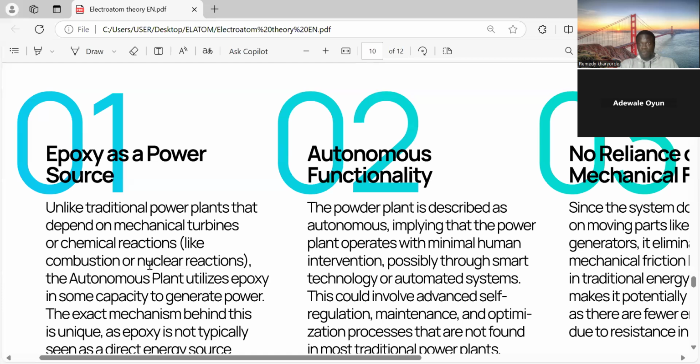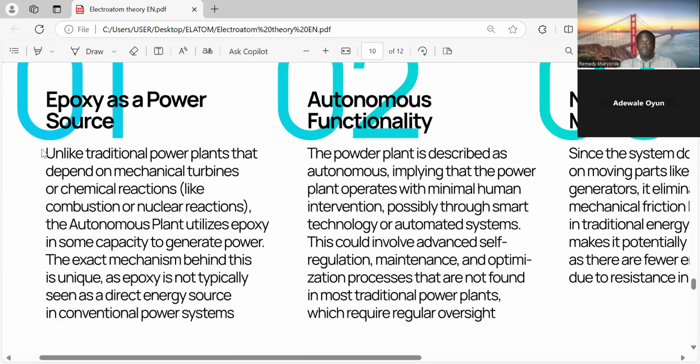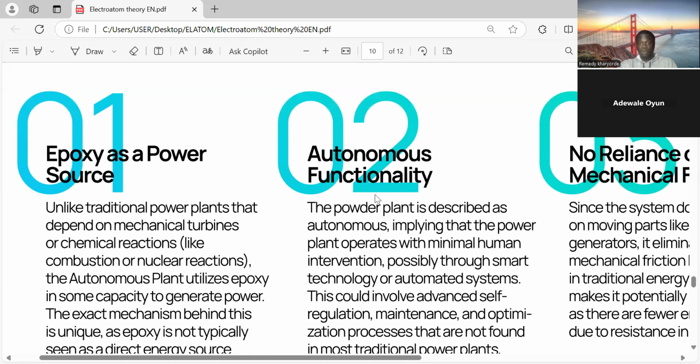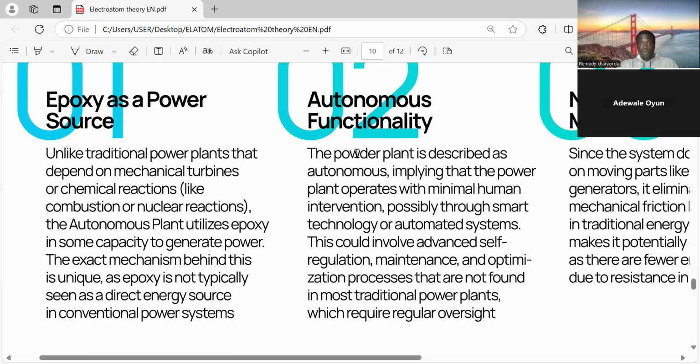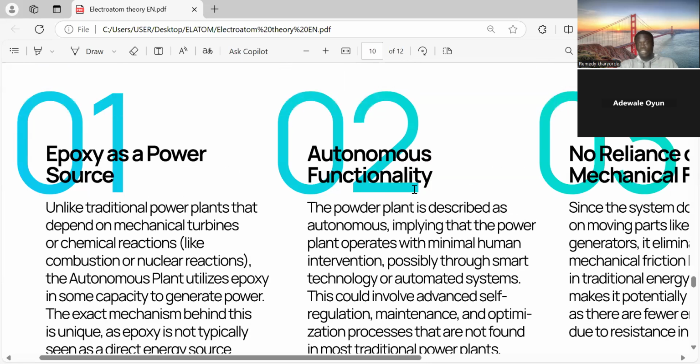So what differs us from the traditional means is that we are making use of epoxy as our own power source. We are running mainly on powder, which is eco-friendly, smokeless, makes no noise, and is compatible in all weather.